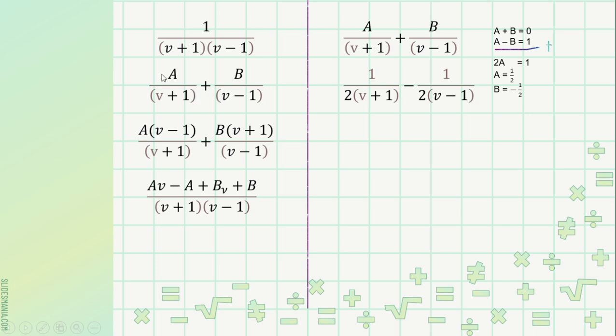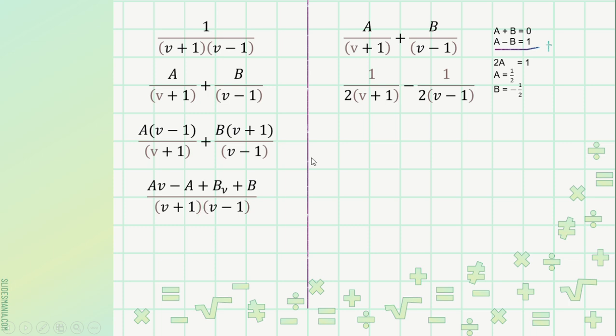In this case we cross multiply, so A goes with v minus 1 and B with v plus 1: A times v minus 1 plus B times v plus 1, over v plus 1 times v minus 1. Expanding, A times v is Av, A times minus 1 is minus A, B times v is Bv, and B times 1 is plus B.